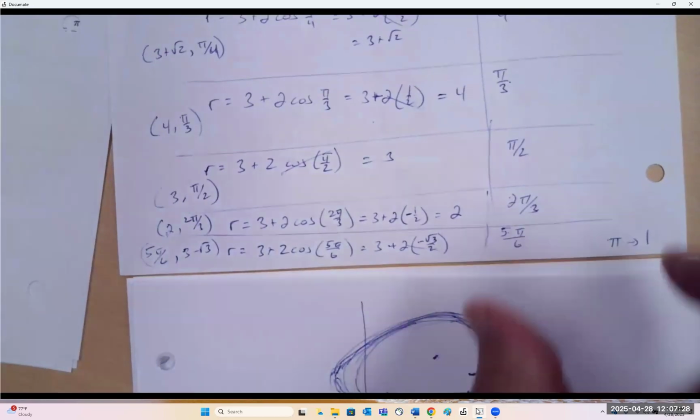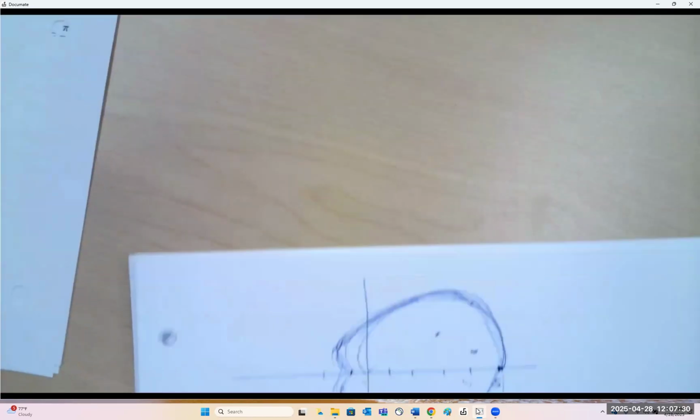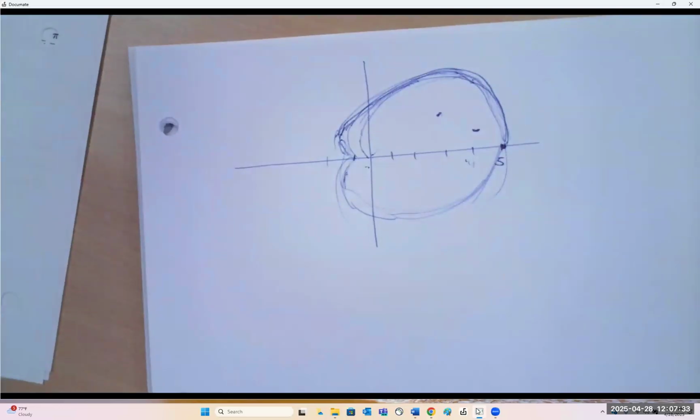Something like that. But I should draw it with a calculator.